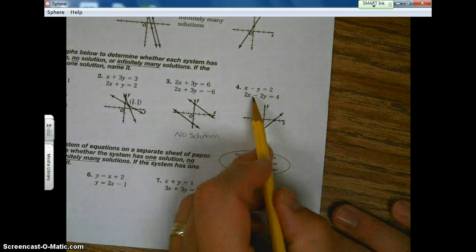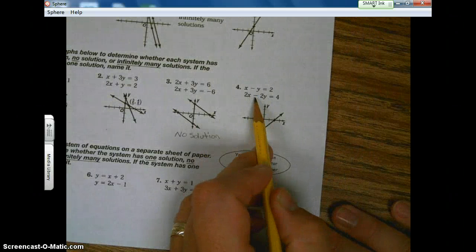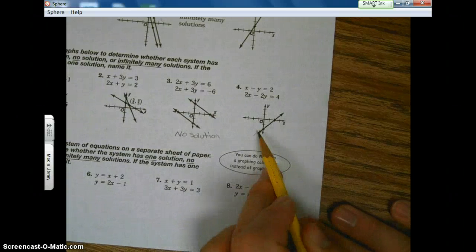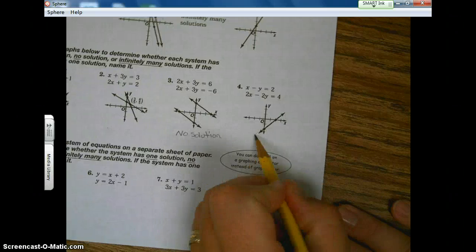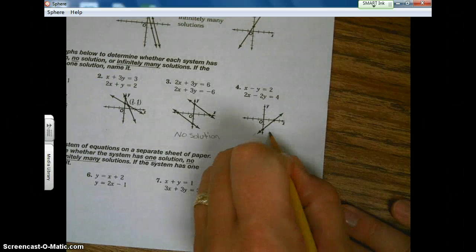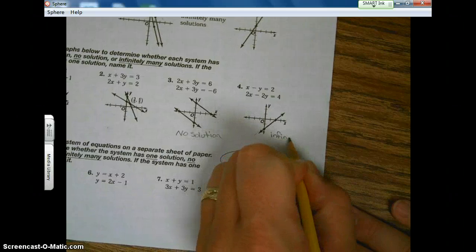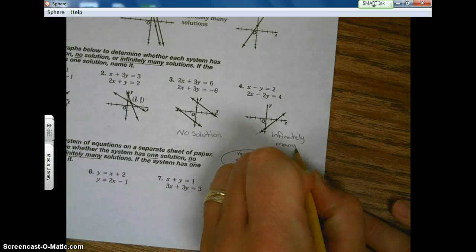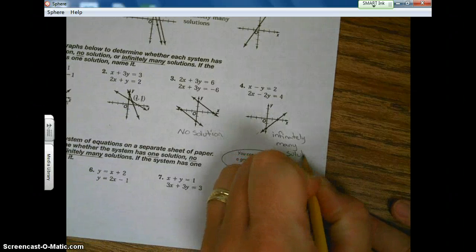And here we have two equations, so that means there must be two lines here. But we only see one, which means they're the same line. They're coinciding. So we have infinitely many solutions.